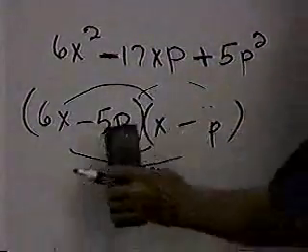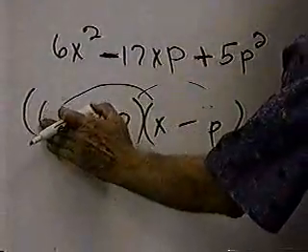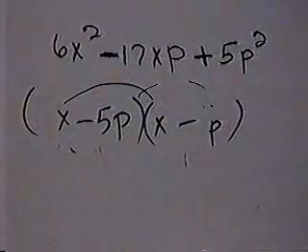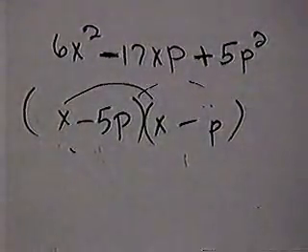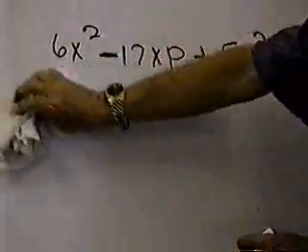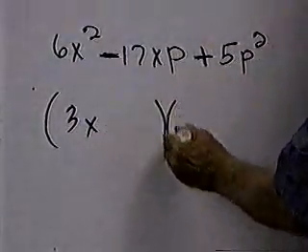That doesn't work. So what that means now is let's go back and change the 6. And let me erase this where it's a little better. It doesn't look so messy. So what we'll do then is on the 6, we'll make it 3 and 2.